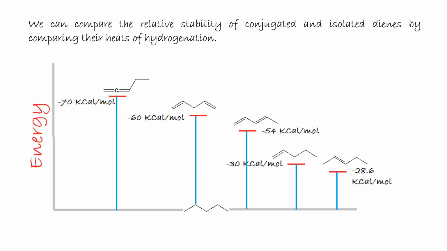We can compare the relative stability of conjugated and isolated dienes by comparing their heat of hydrogenation. Here I select compounds with 5 carbons.